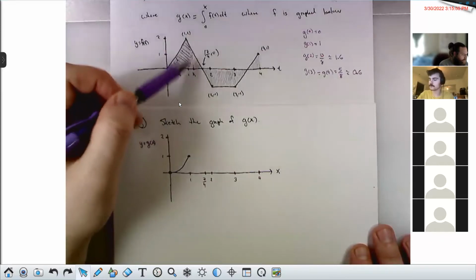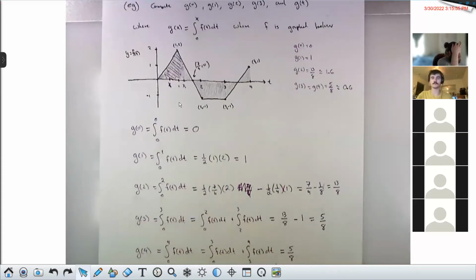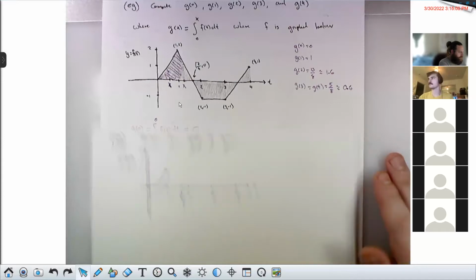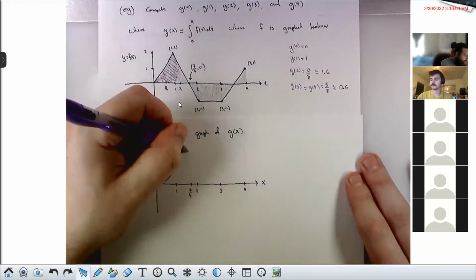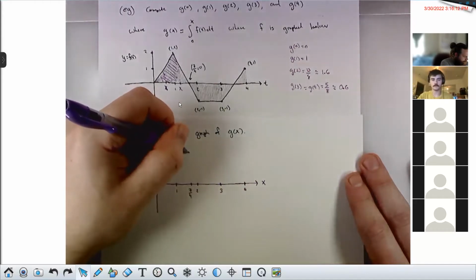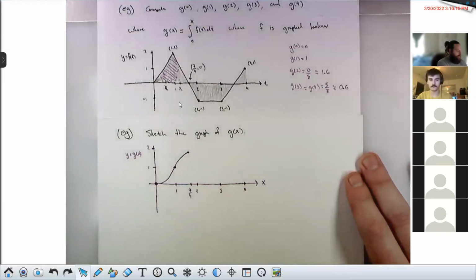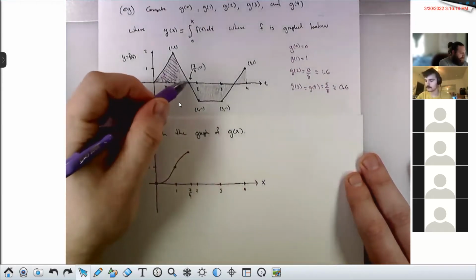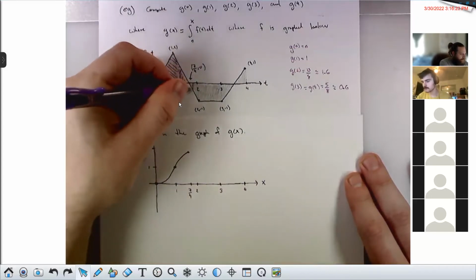The total height at 7/4 there, I think we did calculate that as a part of one of these. Yeah, it is going to be 7/4 itself, almost 2. And then as we go past 7/4, now we're picking up some negative area.